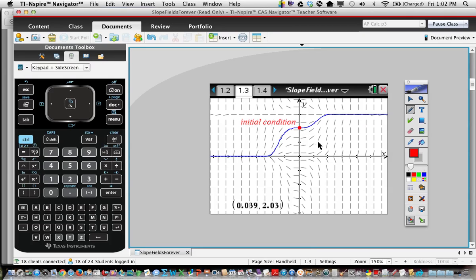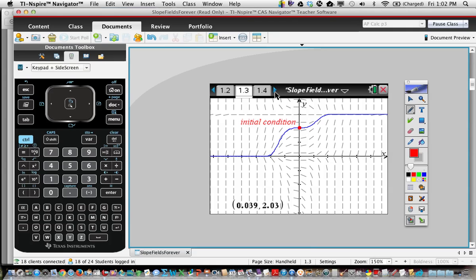That's really all they wanted you to answer on number 1: a different initial condition is going to have a different solution curve, and it's going to follow the slope segments.